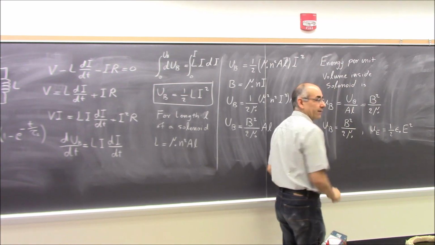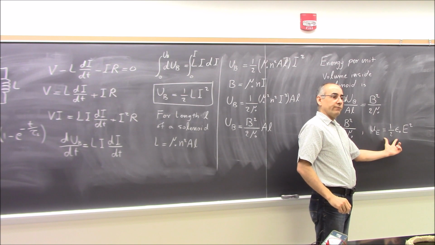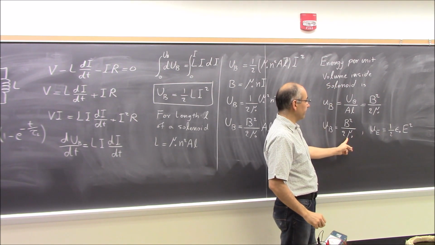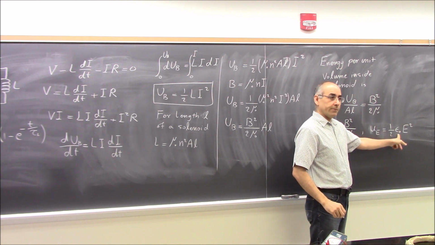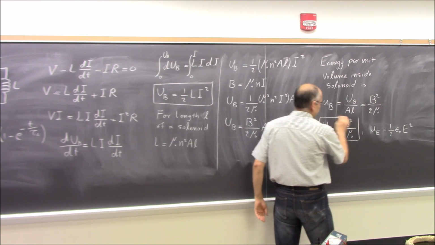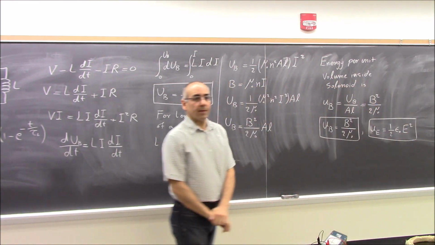You see, when you have magnetic field, you have energy in space. When you have electric field, you have energy, and you see they're the same thing. Here you have 1 over mu naught, here you have epsilon naught. Everything is similar, but wherever you had epsilon naught, now it becomes mu naught.